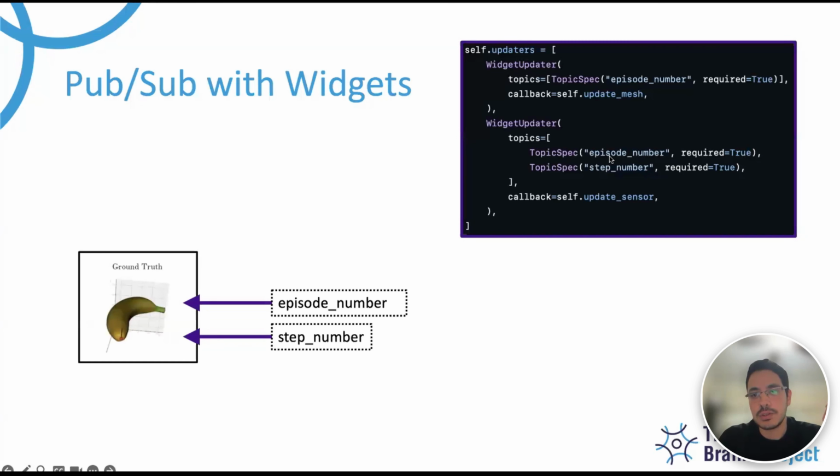But then we also want to listen to episode number and step number, so if any of those change, we want to update the sensor on the object. We want to move the sensor to a new location. I do this because if the step number doesn't change, I don't really need to update the mesh. It doesn't make sense to do that. So I have split the update mesh and update sensors, and I'm just defining what topics they need to listen to.